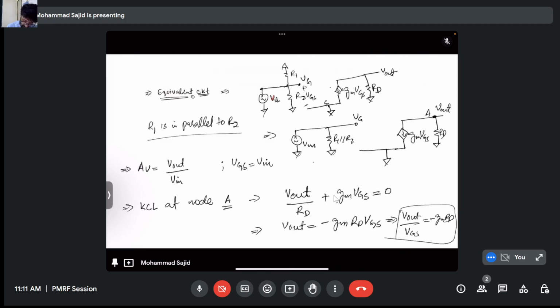So my gain, that is A, the voltage gain, is equivalent to minus gm RD. What does minus signify?